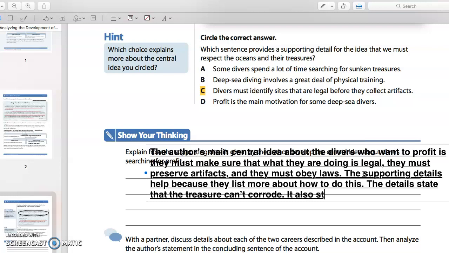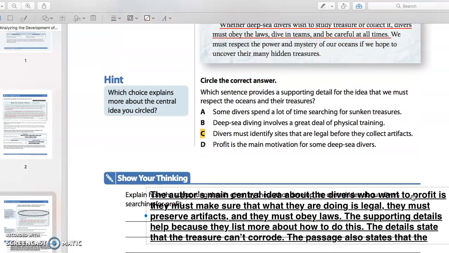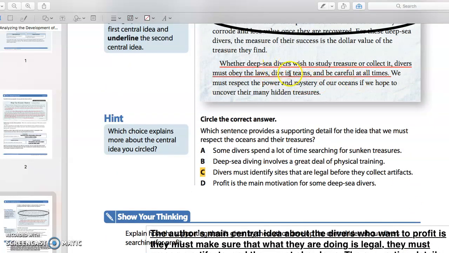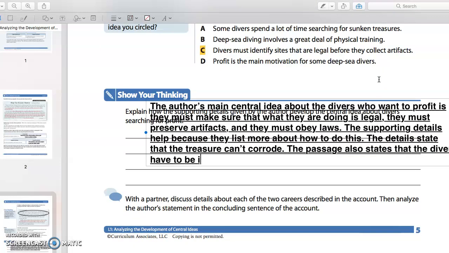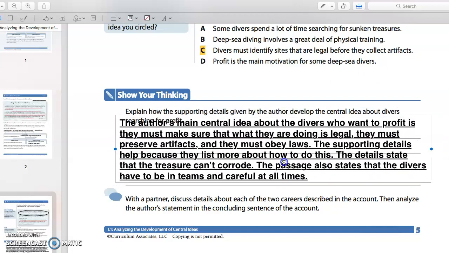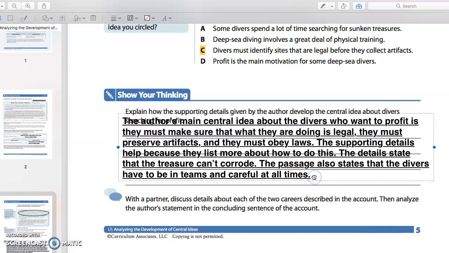It also states you want to try not to use it. The passage also states that the divers have to be in teams and careful at all times. Okay, how does that relate to our main idea of they have to make sure what they're doing is legal and that they preserve artifacts?